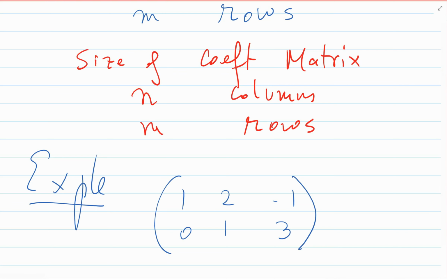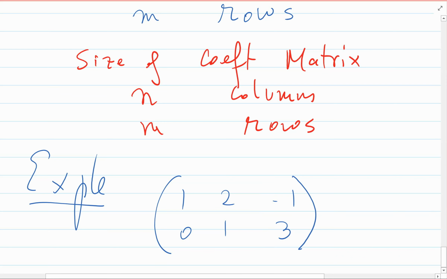If you see that they put something here to separate the last column from the previous ones, that is the augmented matrix. If you don't see this, it means it's the coefficient matrix.